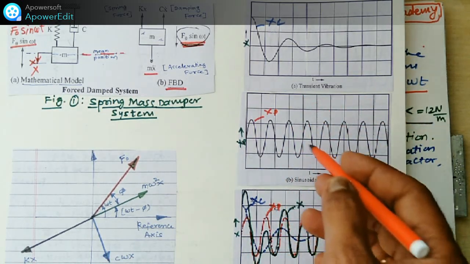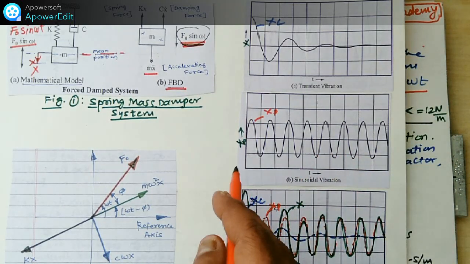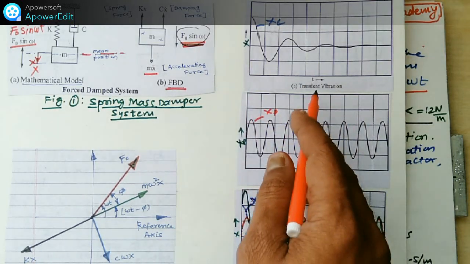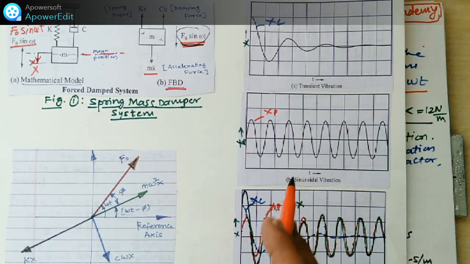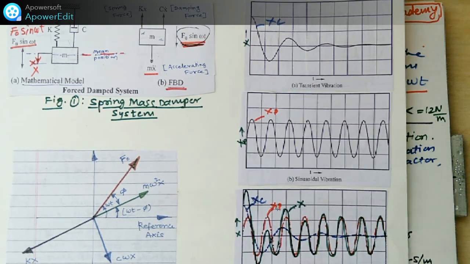This graph represents displacement versus time for this steady state vibration, and this is your xp, the harmonic motion. In fact, this is the analytical method to calculate the value of x. Similarly, you can observe it in a graphical method.